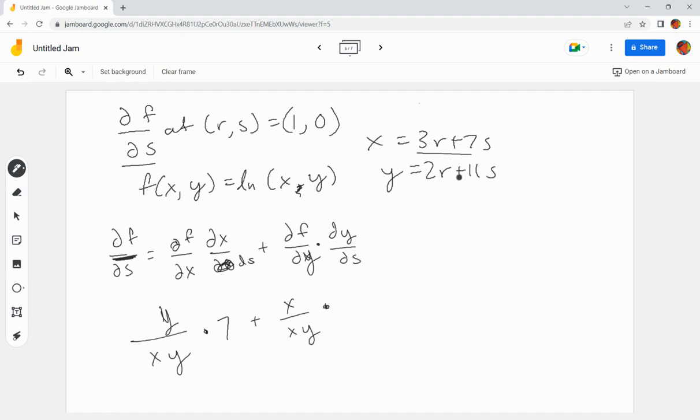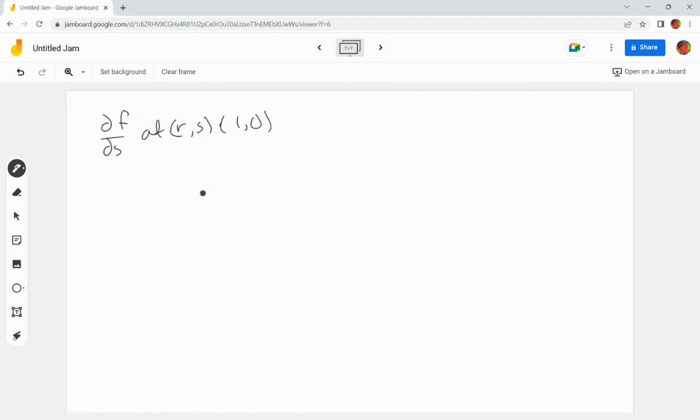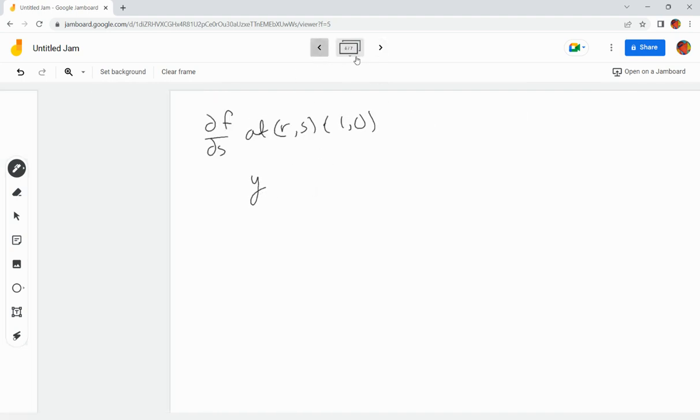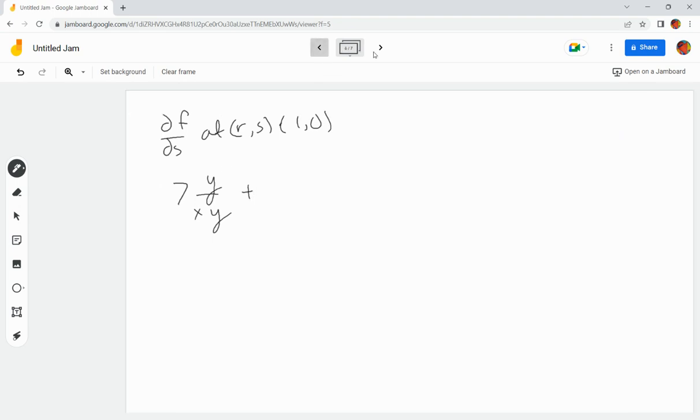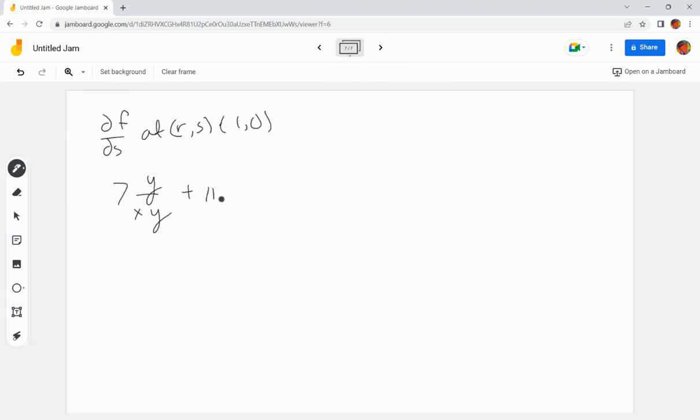Kind of fast. S over here, which is 11. So we have y divided by xy, 7 plus 11 xy. So this is x and this is y.